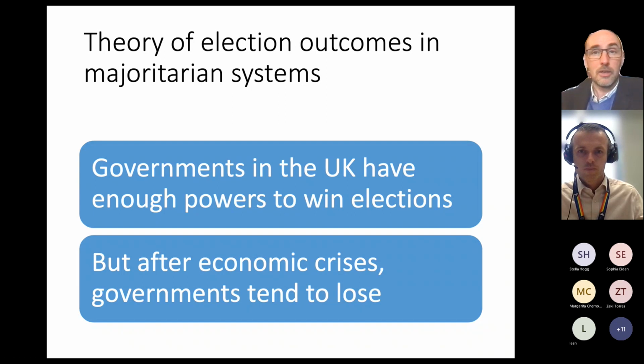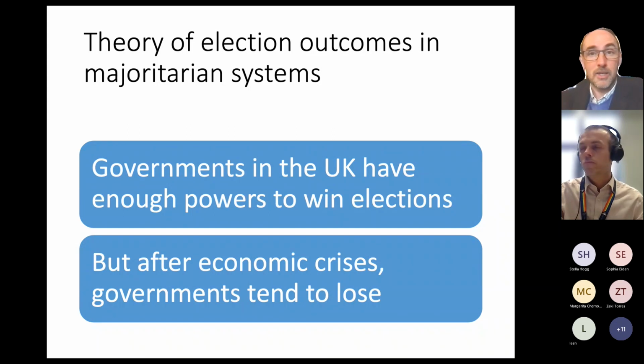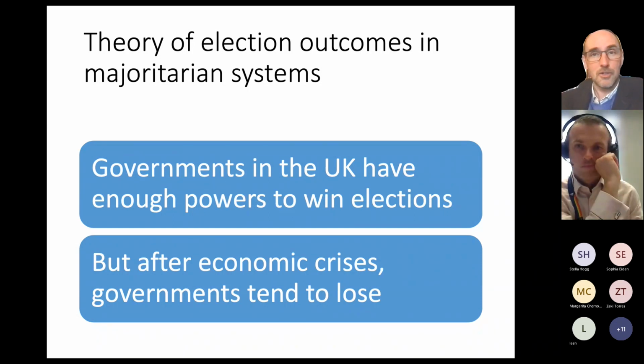They often can also manage to whip their MPs to vote for whatever they want in Parliament, and get things through the House of Lords, especially since the House of Lords was weakened a lot in 1910. So we've got that system where governments get elected and then they can do what they like, and then they have to try and get re-elected.